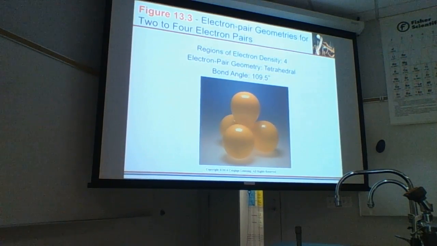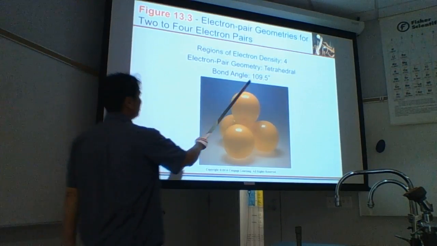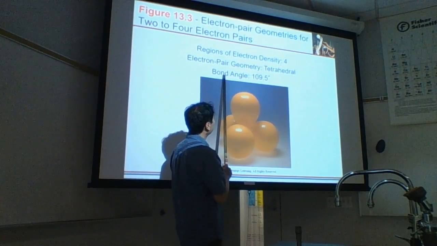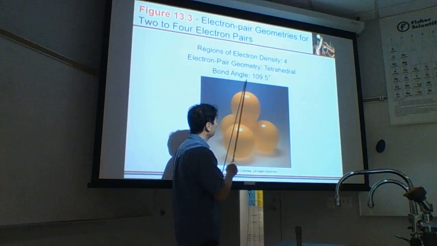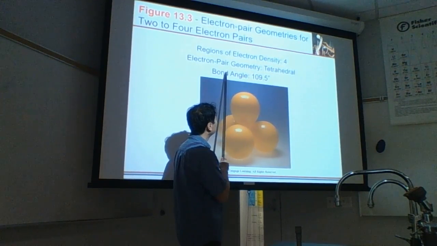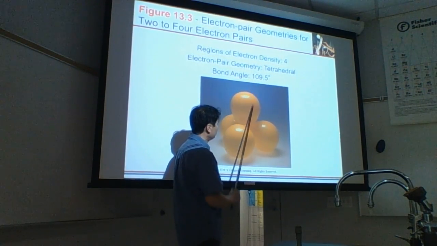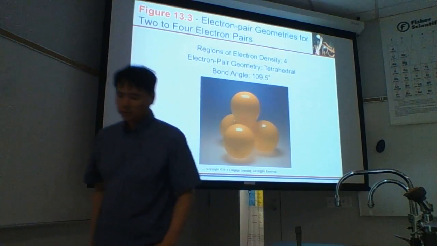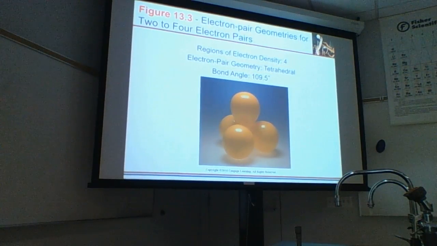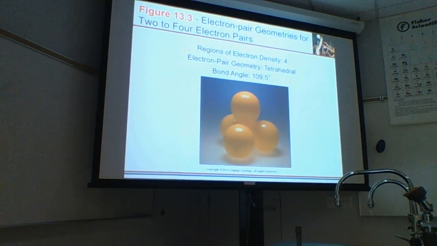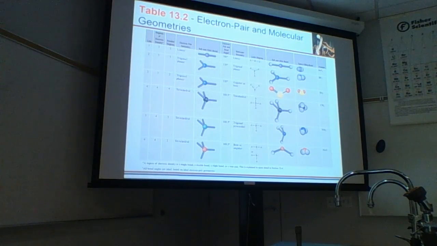And so the electron geometry is tetrahedral, and the group angle, not the bond angle, because we need atoms to define bond angle, is 109.5. And so these are the scenarios that we're going to run into this semester. So we'll just take a look at them here individually.